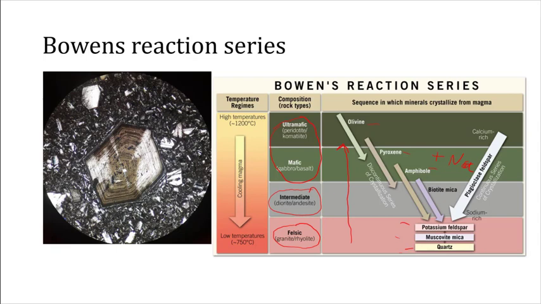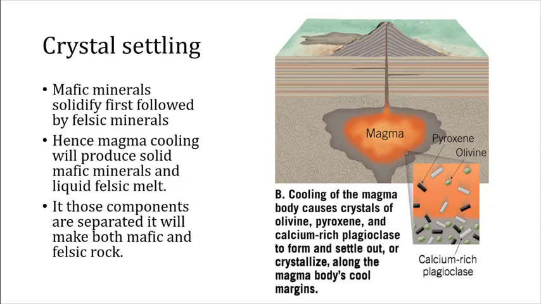Okay, two things. First of all, crystal settling, right? There are actual physical things that happen, manifestations, if you will, of this chemistry. So if I have that magma chamber and it begins to cool, right, the mafic minerals, olivine, pyroxene, calcium-rich plagioclase, etc., are going to turn solid first, and they will literally sink down to the bottom of the magma chamber.